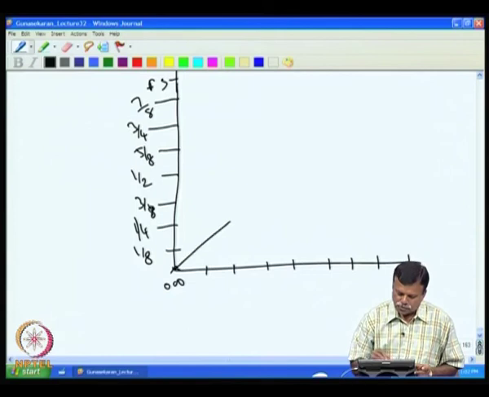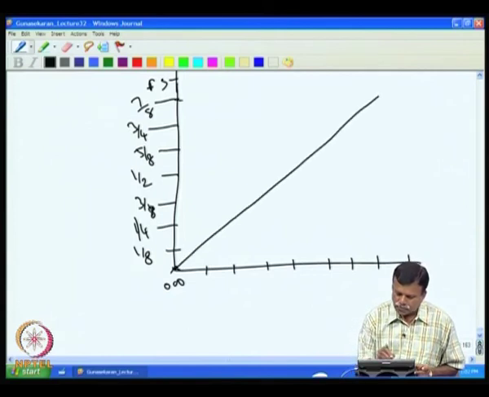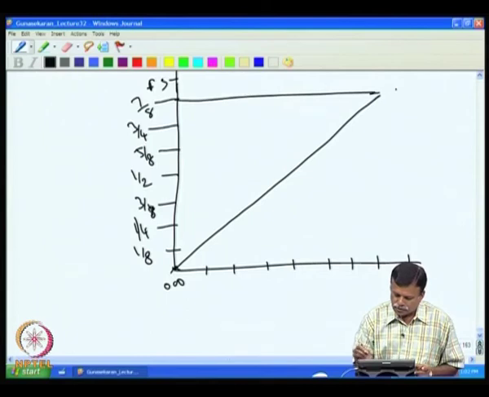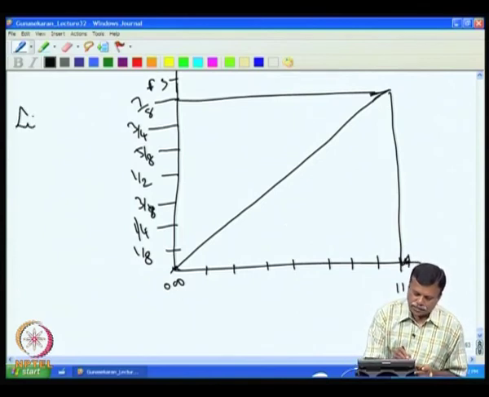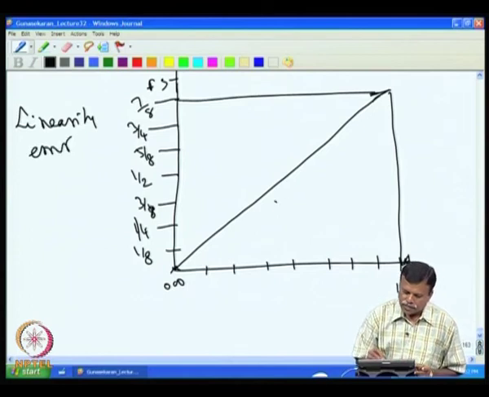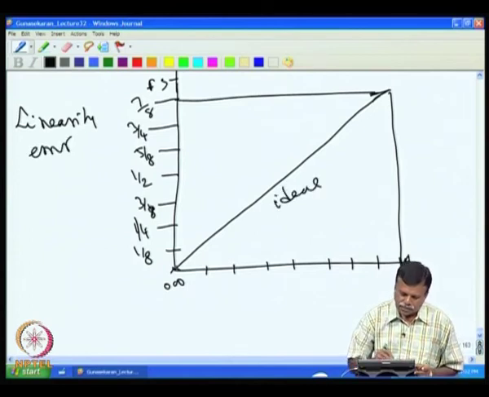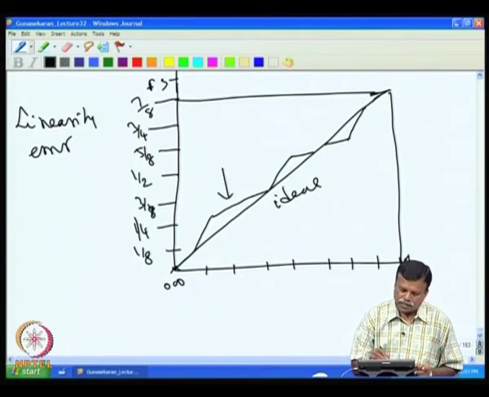Here we are supposed to go like this, and supposed to get 1 1 1 at this point. This is ideal, this is the ideal curve. In the actual case, you may have like this, coming back, then going, coming back, even it can go minus and come back.